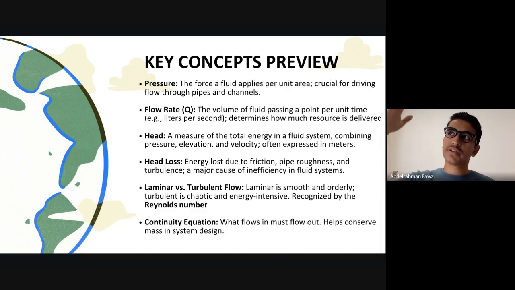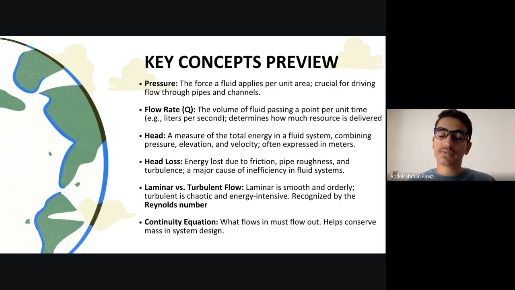For example, if you have 5 meters from the ground, it means that I have this amount of potential energy because I have gravity. We calculate it in meters, in distance units. If we have a head loss, this can be due to friction, the pipe roughness, the turbulence, and so on. We're going to describe it in more detail.